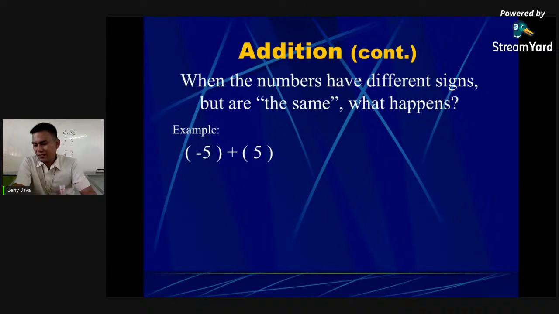You try to solve that. I'll give you 30 seconds. Negative 5 plus 5. What is your answer? Type in your answer. Negative 5 plus 5.